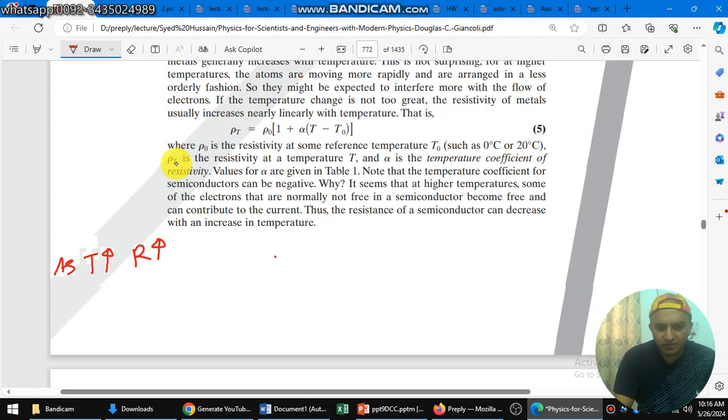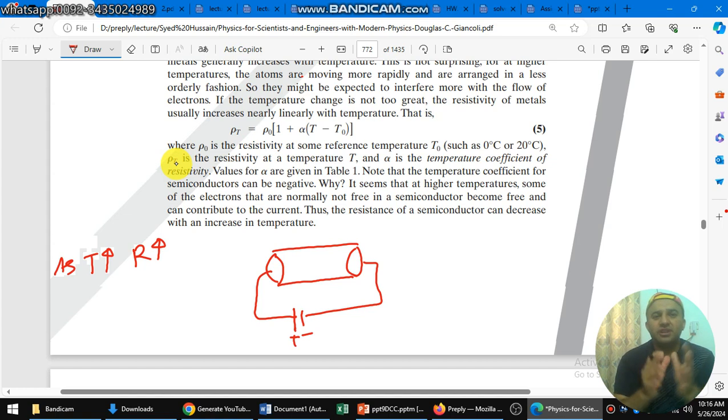For example, if we have any conductor, any wire, and current is flowing through that wire, current means the number of charges that move through the wire. Resistance is offered by the atoms in the conductor. When the charges move through this conductor, they do not go easily; they collide with the atoms of the lattice of the conductor.